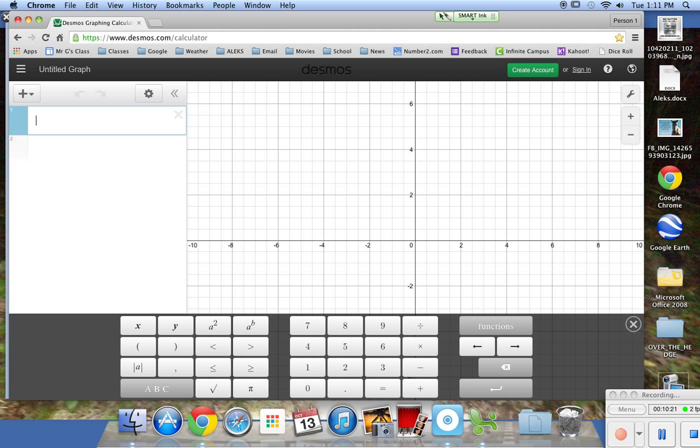I'm going to run x squared, and then I'm going to run another one here of a negative x squared. See what happens to my graphs. One is a reflection of the other, okay? And all I did was add a negative to it. One made a reflection of the other one, all right?